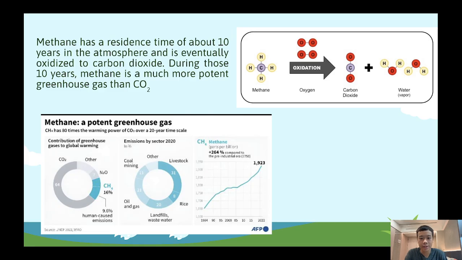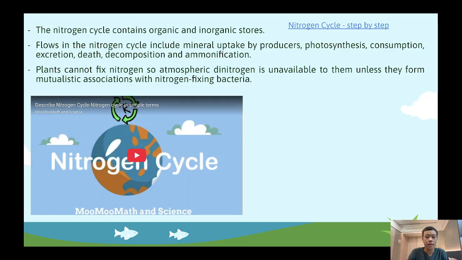Right, so let's talk about the nitrogen cycle now. The nitrogen cycle contains organic and inorganic stores. Organic stores are proteins, amino acids, and DNA/RNA that are living in organisms. And inorganic stores are basically atmospheric nitrogen, nitrates, nitrites, and ammonium.